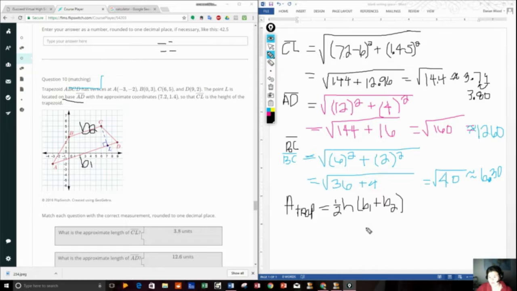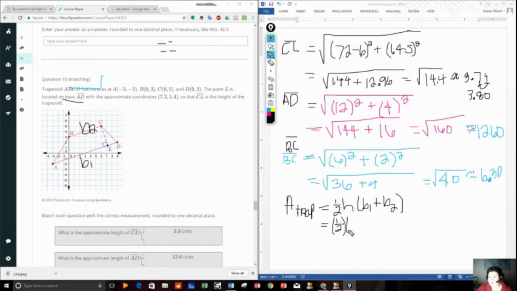And so we have everything we need in order to fill out our area. So we're going to have the area of a trapezoid is equal to 1/2, and I'm going to put that in parentheses, times, everything is connected by multiplication right here.